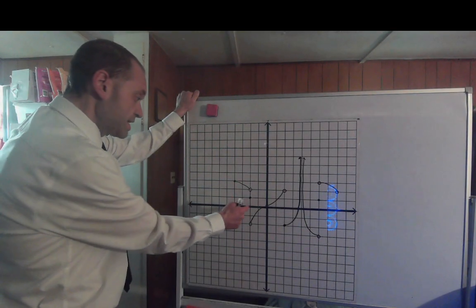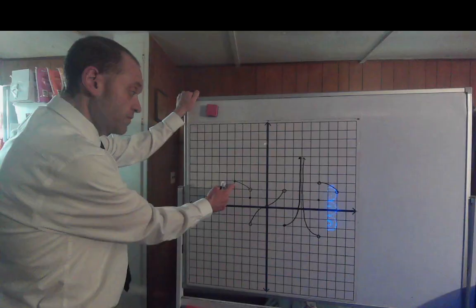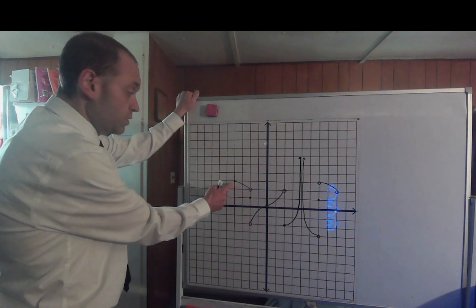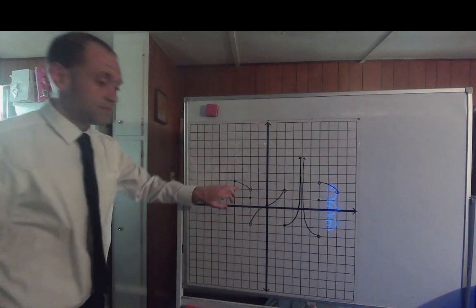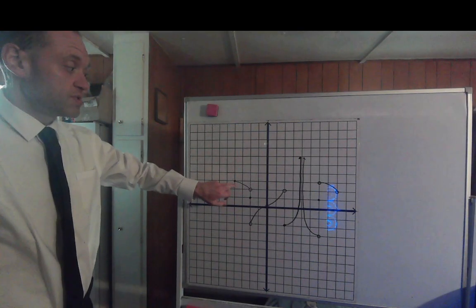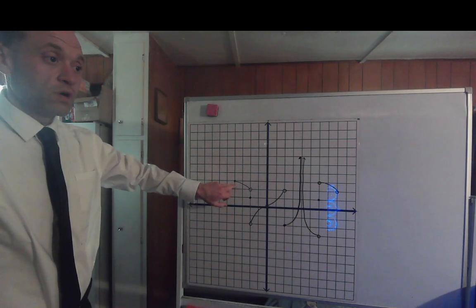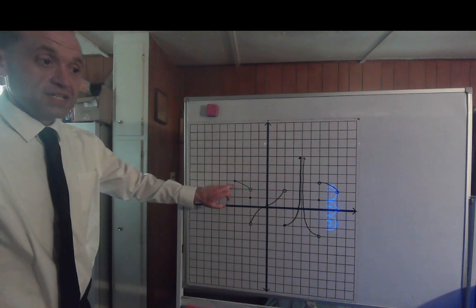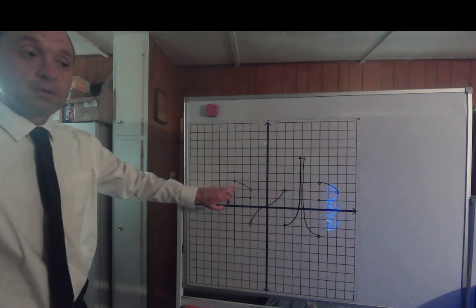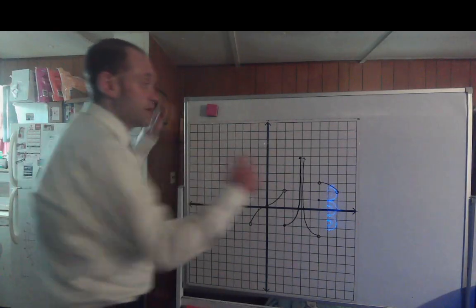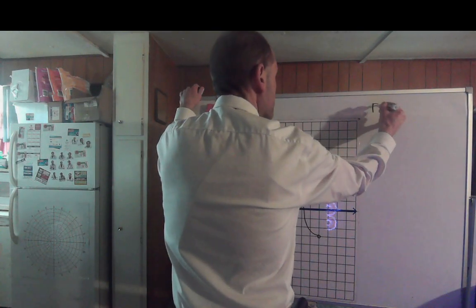If we look at x equals -4, we see it's the farthest left this graph goes. That's actually a discontinuity. That's of the endpoint type. We have an endpoint discontinuity at x equals -4.